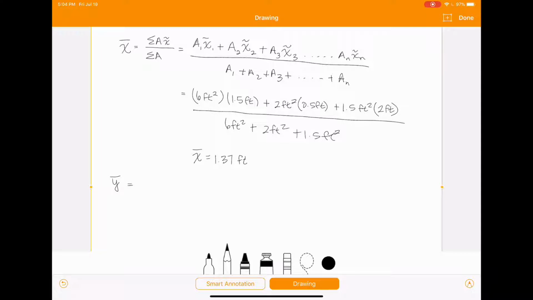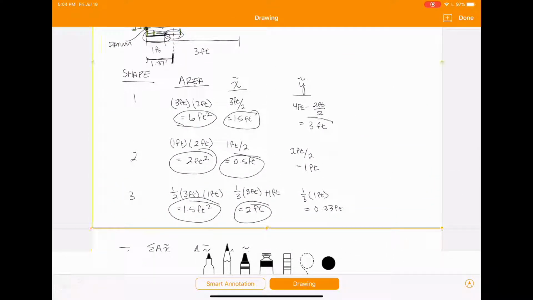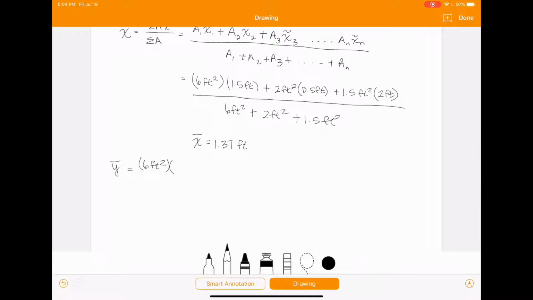So area 1 is going to be 6 feet squared, and we're going to multiply that by y tilde 1, which is going to be 3 feet, plus area 2, which is 2 feet squared.